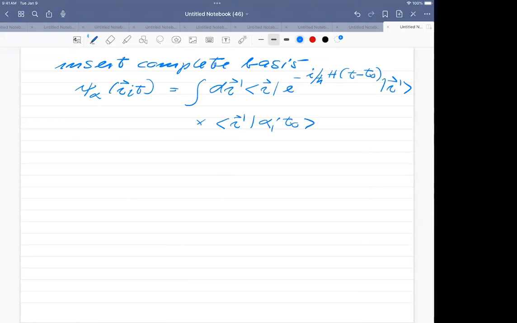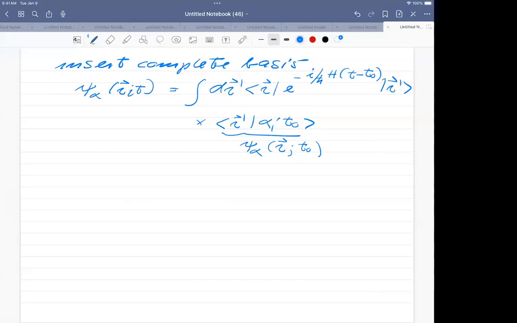And I know that this quantity here is nothing but this ψ_α of r′ at time t0, which we know the solution to. So this is something which we can solve at a time t0. It could be a case where we have the unperturbed solution where there's no interaction, and then we would switch gradually on the interaction. And then we just simply assume that this is something which we know.